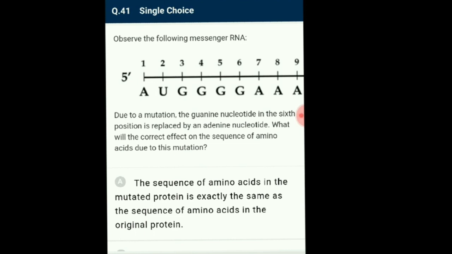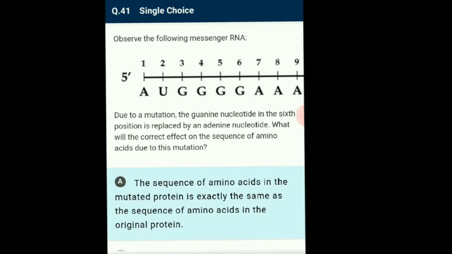The mutated mRNA in the 5' to 3' direction will be AUG, GGA, AAA, CCC, UUU, UAA. The sequence of amino acids coded by this mRNA is methionine, glycine, lysine, proline, phenylalanine. Since GGG and GGA both code for the same amino acid glycine, there is no change in the sequence. This is called silent mutation. It occurs due to degeneracy of codons. So the answer for this question is option A.